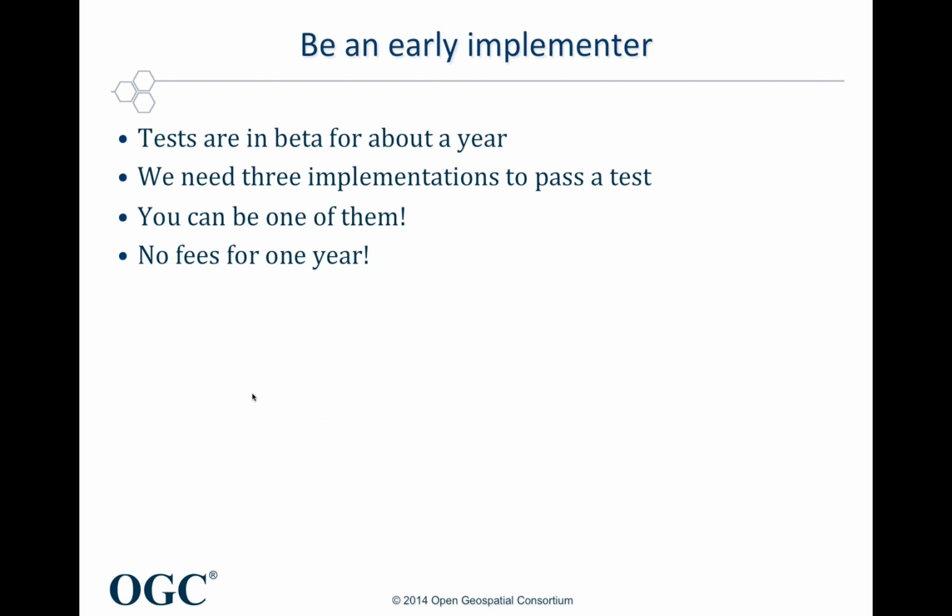For example, if the test is in beta and you want to participate in the process of improving the test and be one of 3 implementations that pass the test while it is in beta, then we waive the fees for 1 year. It's important for us because we want to guarantee as much as possible that the tests are good, and that 3 different implementations from 3 different organizations are okay with the test.